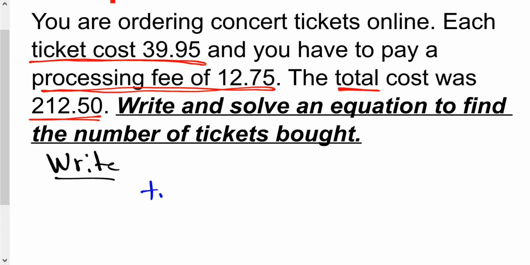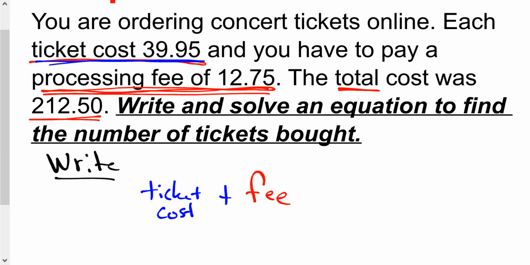So really what I have here is my ticket costs plus my processing fee, my fee. And if I add those 2 together, I'm going to have my total cost here, total cost. That in green, my total.